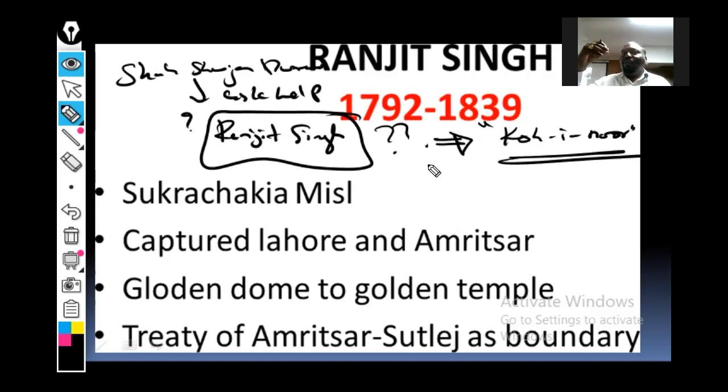That is how this Kohinoor goes from Ranjit Singh's hand to his successor, and finally from Dalip Singh, they take it from Rani Jindan, and now it is in the crown of what? And that crown will be crowned the day after tomorrow, on the 6th, on the head of whom? King Emperor Charles III. Okay.